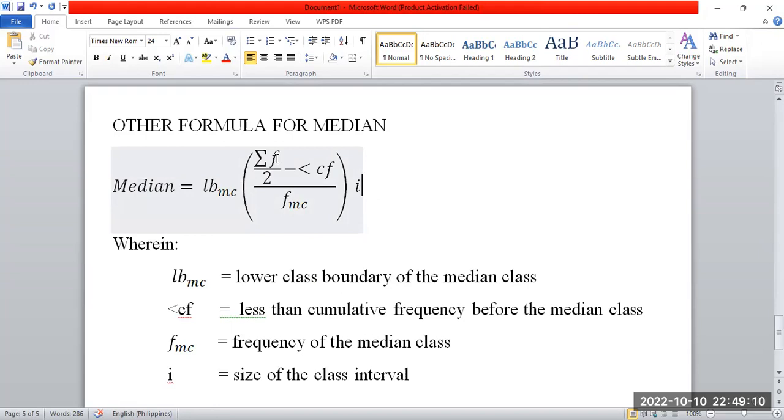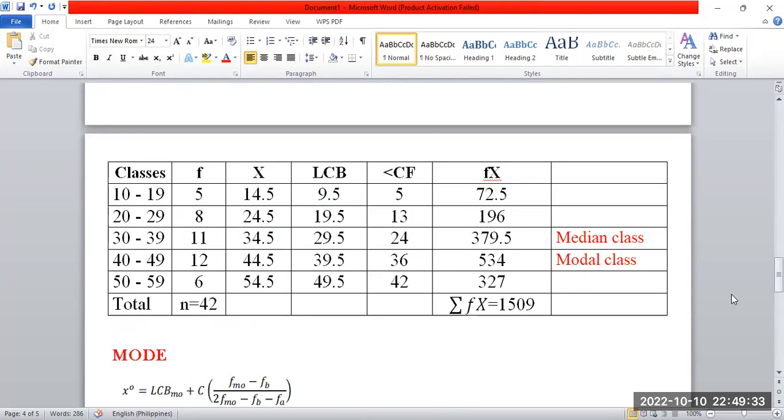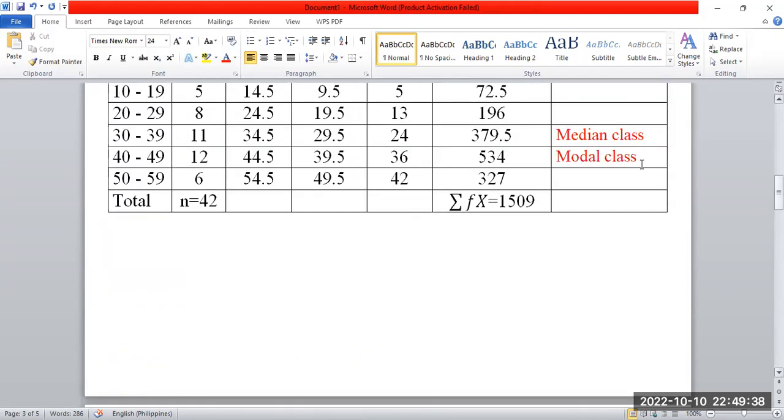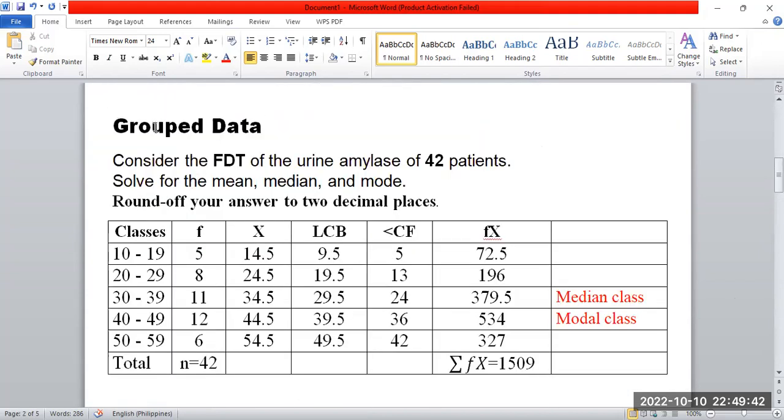Same lang si n and then si frequency, the summation of frequency, divided by 2 minus the less than cumulative frequency before the median class divided by FMC. FMC is the frequency of the median class times I, which is the size of the class interval. So, same din lang nilalabas na sagot if you use this formula. Okay, so that's how you compute the median mode for ungroup data and for the group data.